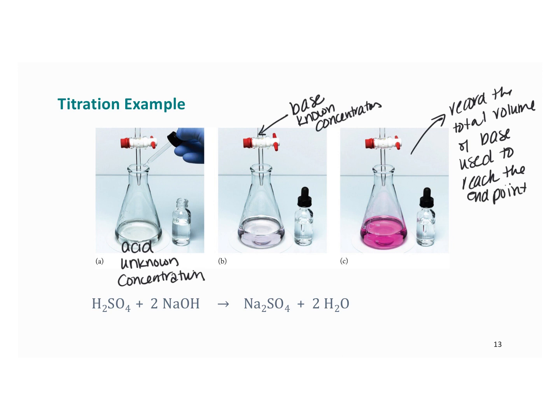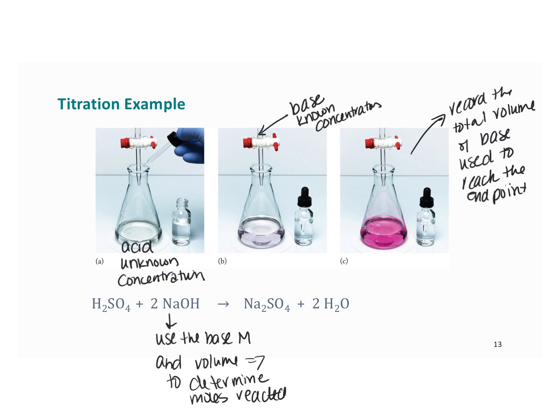And so what you can then do is use the base molarity, or concentration, and volume to figure out the moles that have reacted. And then once you figure out the moles that have reacted, you know there's 2 moles of NaOH for every 1 mole of H2SO4.